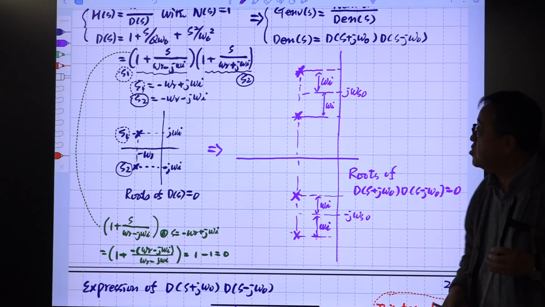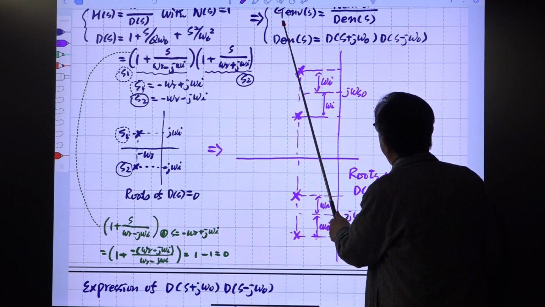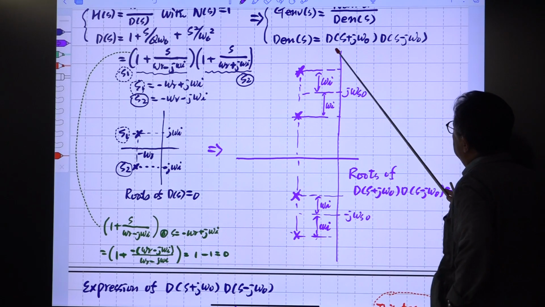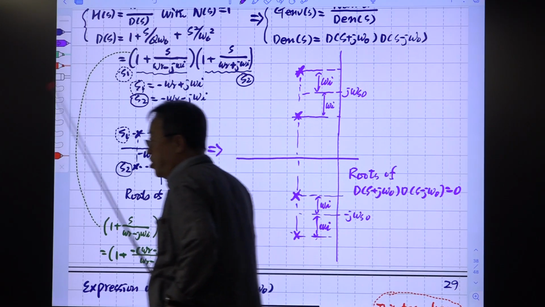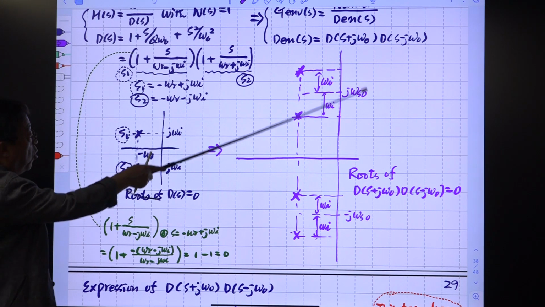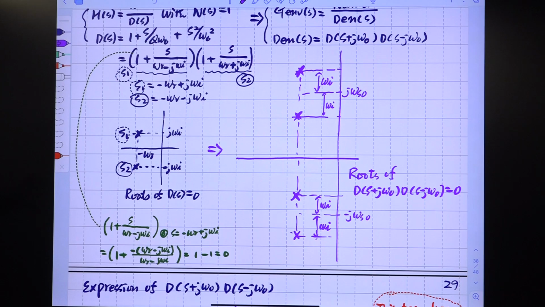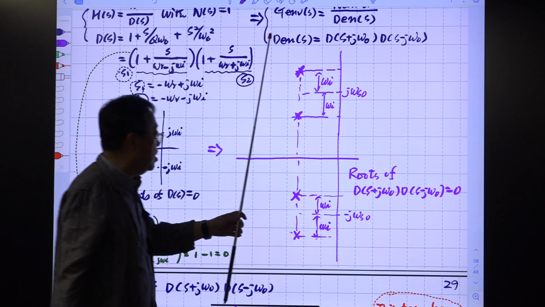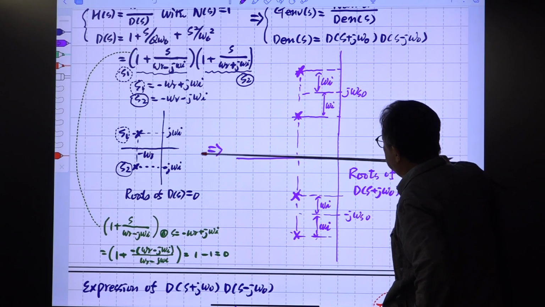So this is the denominator of this tank transfer function, then the denominator of this G_EV(s) is just this one: (s plus j omega 0) times (s minus j omega 0). One of these generates these two poles, and one of these generates these two poles. So here we have 4 poles, and the coordinates of the 4 poles are already known, because this minus omega axis remains the same.